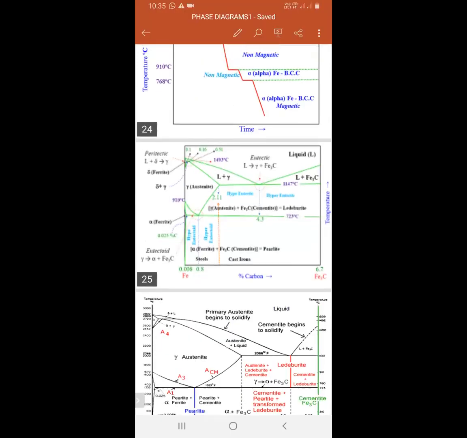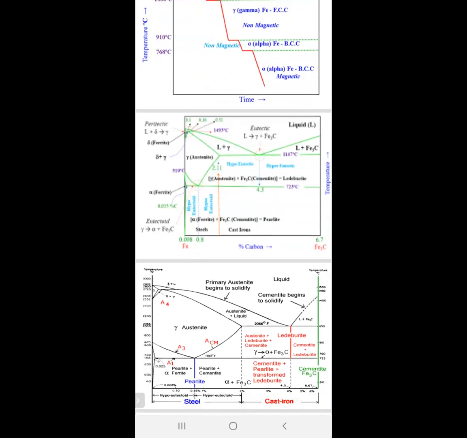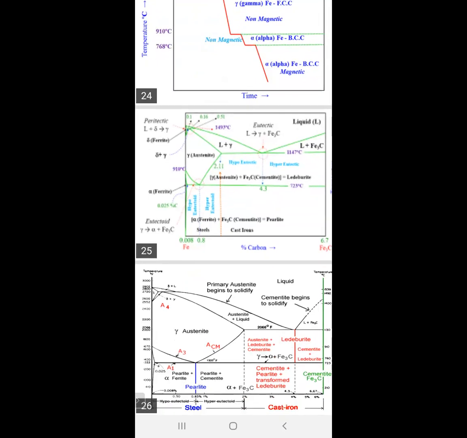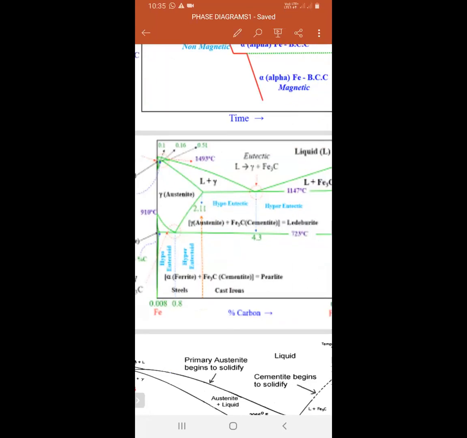This one is entirely a combination of 3 phase systems. Here is the peritectic: liquid plus alpha gives gamma. Next is the eutectic: liquid gives rise to two solids, solid plus solid.